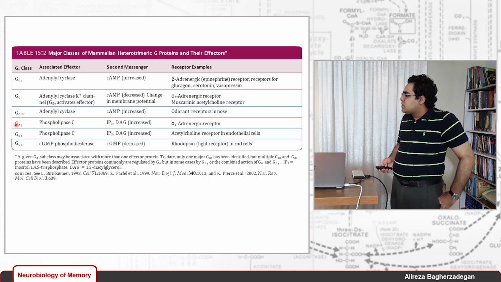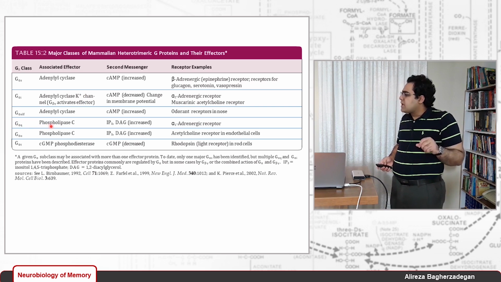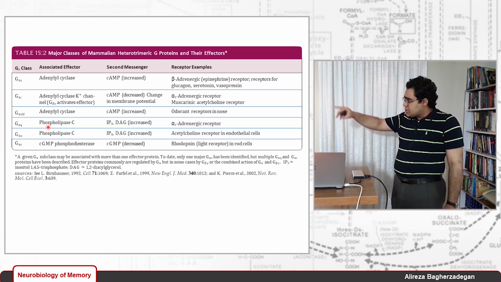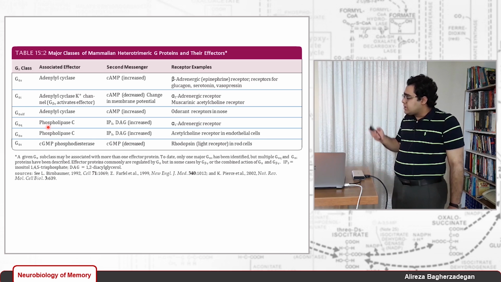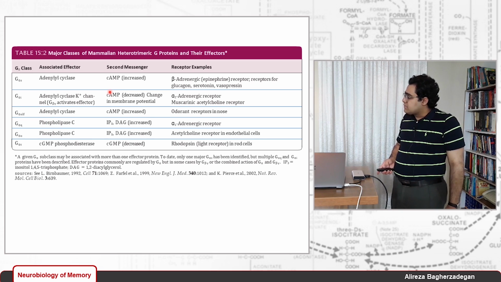And we have, for example, G alpha Q, whose effector is phospholipase C beta, which is responsible for the production of inositol triphosphate and diacylglycerol as second messengers. We are going to see some of those signaling mechanisms or signal transduction pathways in which G proteins activate those effectors and ultimately result in the production or inhibition of the production of these second messengers.